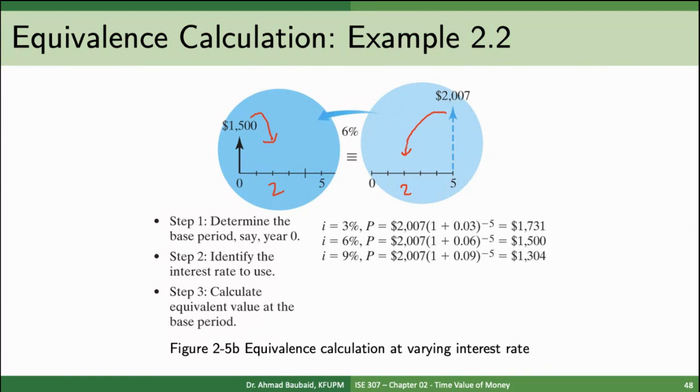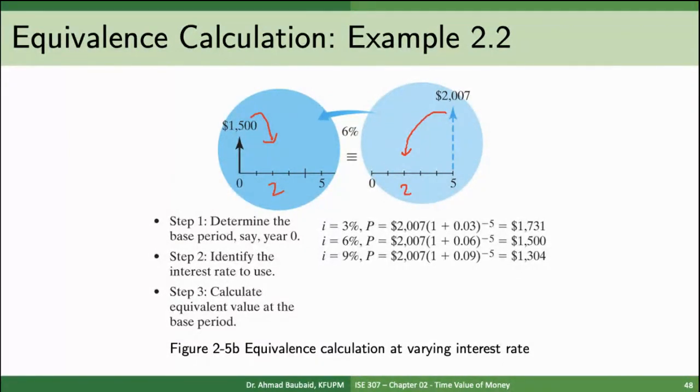Okay? The interest rate is normally going to be given. I just need to identify the rate from the problem. And then I need to calculate the equivalent value of whatever payment I'm moving in that base time period. And we're going to see examples in detail. Now, generally speaking, we're normally going to compare things either today at time 0 or at the end of the investment horizon, so at time 5.